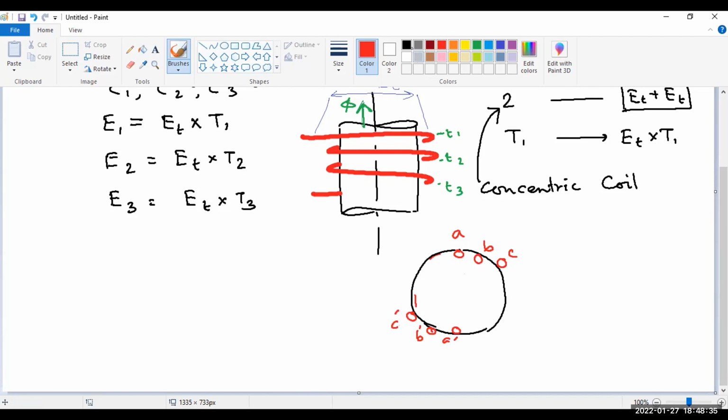Now you see the axis. What is the axis of the A coil? The axis of the A coil is this. What is the axis of the B coil? The axis of the B coil is just perpendicular to that. So that means between their axes we have some angle.